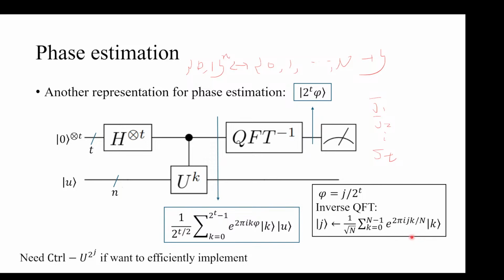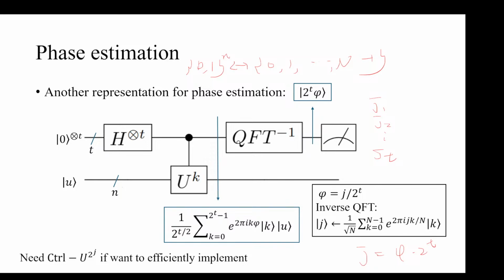So if phi is j divided by 2 to the t, then this expression here is summation k e to the 2 pi i jk over n, and that's exactly the Fourier transform of j. So you apply inverse Fourier transform, you learn j, where j equals phi times 2 to the t, and obviously once you learn j, then you know phi.